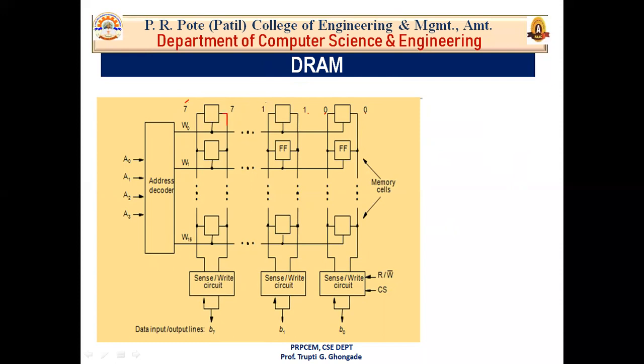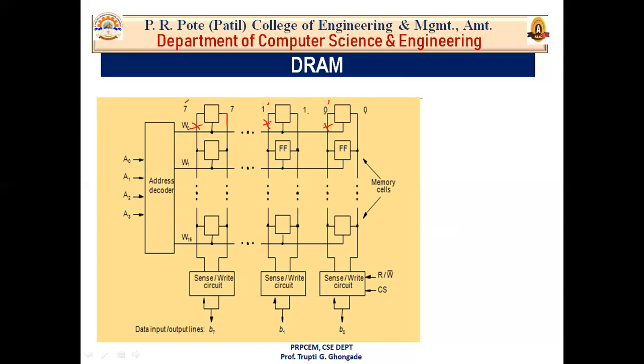We don't have B0 dash and B1 dash. We don't have this complementary bit line in dynamic RAM. The array diagram is the same for static RAM and dynamic RAM, but here we have only a single bit line.